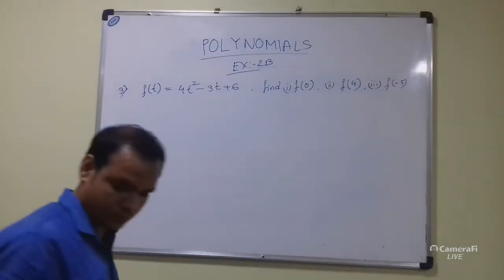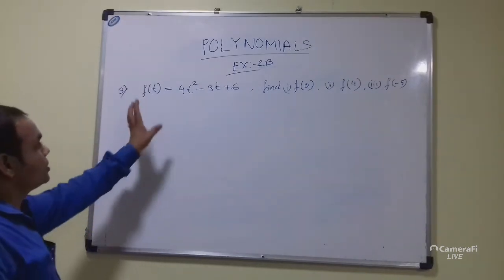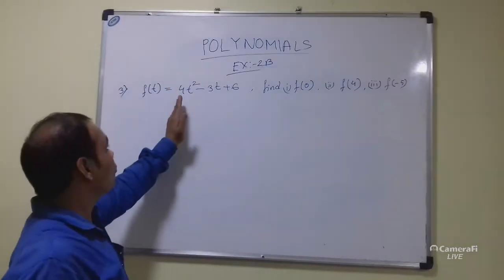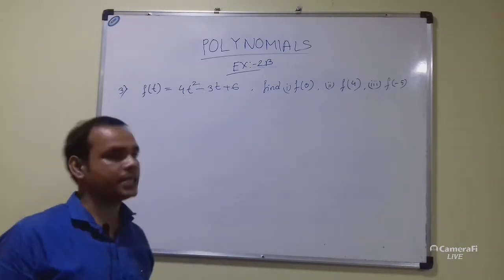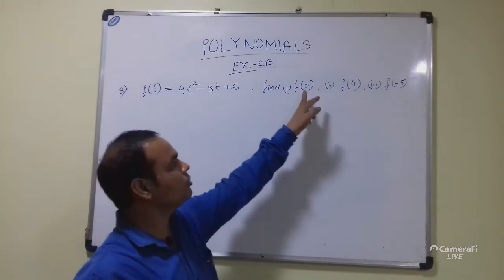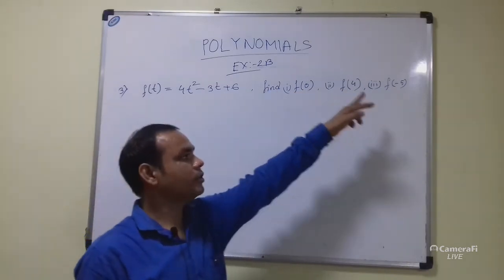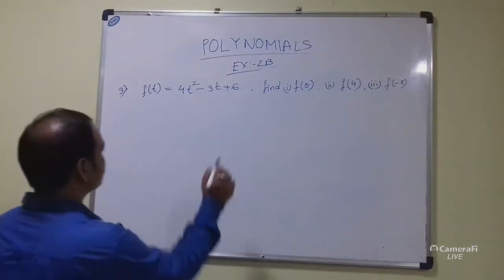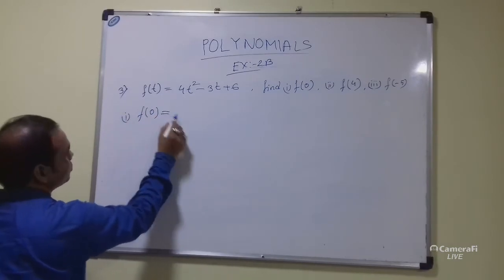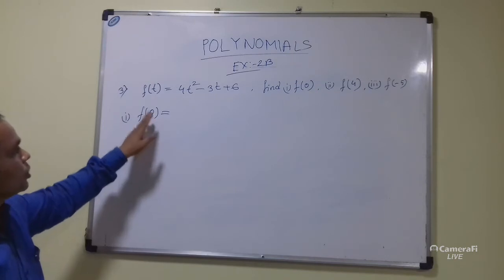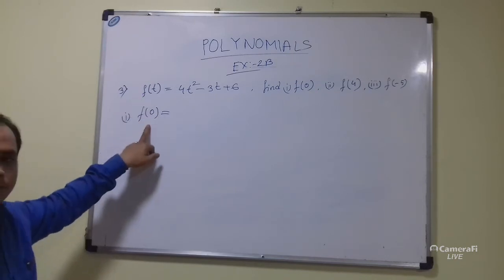So students, the polynomial is given that f of t is equal to 4t square minus 3t plus 6, and we have to find the value of f of 0, f of 4, f of minus 5. When we have to find f of 0, we have to replace t by 0.